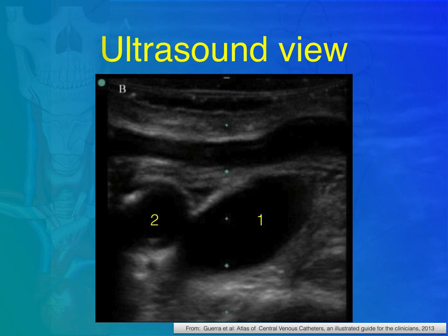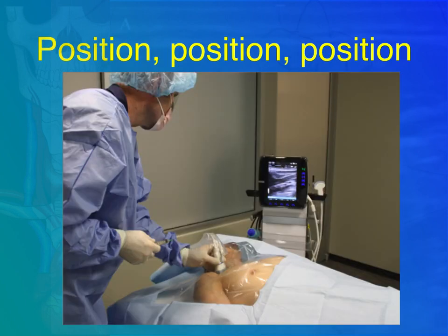You need to put the patient in Trendelenburg position, unless of course the patient is volume overloaded and you already have a very dilated vein. You can avoid that, but anyway, Trendelenburg position also will help you to avoid air embolism. So it's very important to keep the patient in Trendelenburg while you are doing this.